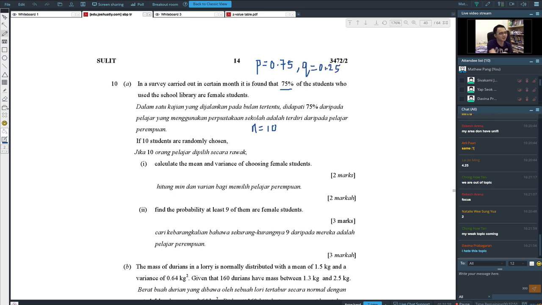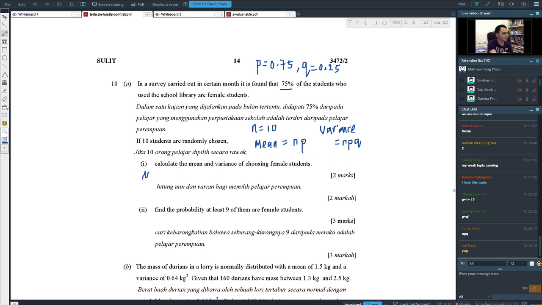I know the mean will equal np, and the variance will equal npq. Alright, I hope you know about this. Yeah, this is the mean and variance in the probability chapter, npq. So I want to find the mean. Mean will be n times p, which is 10 times 0.75, is 7.5.